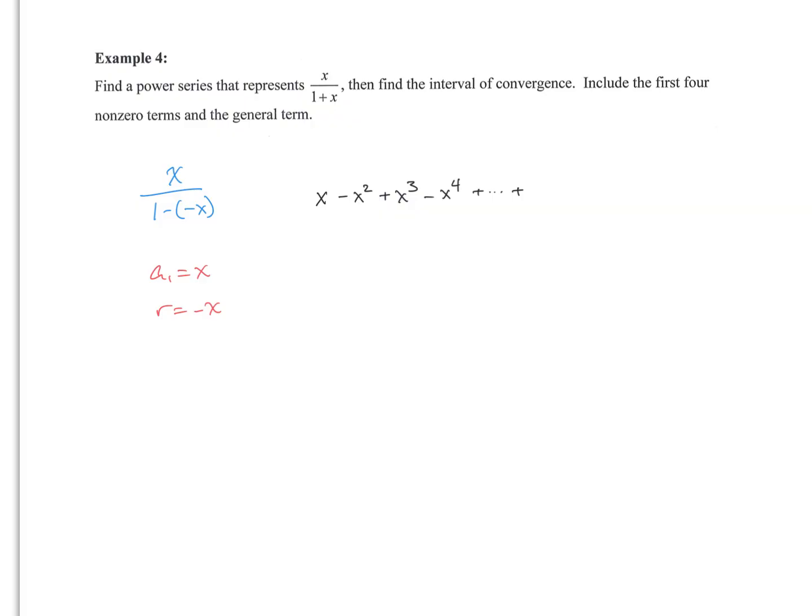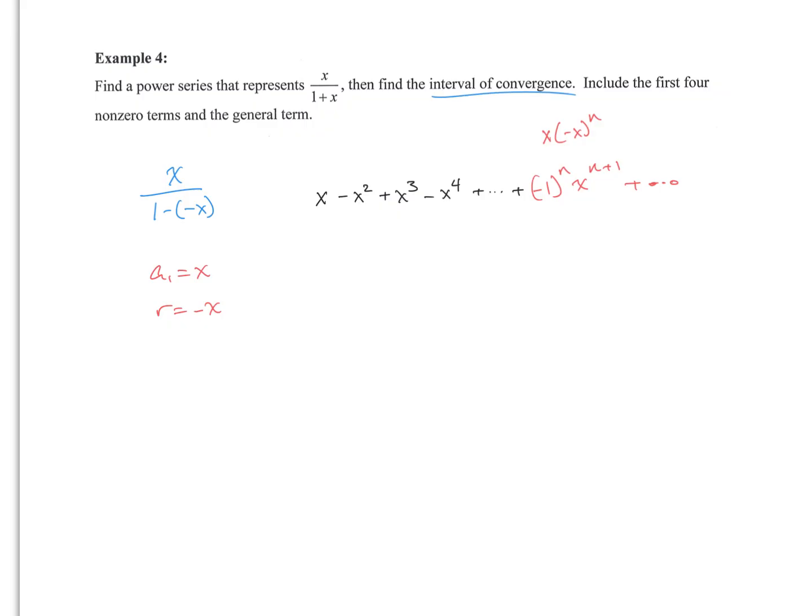Okay, so if you did it really quick, it would just be the first term of x and then times negative x to the power of n, yeah? However, that's not usually how it's going to be looking like, and so how could we rewrite that? It'd be negative 1 to the power of n, and then x to the power of what? n plus 1. There we go. Perfect. Plus dot dot dot. All right, and so there is our general term on that one.